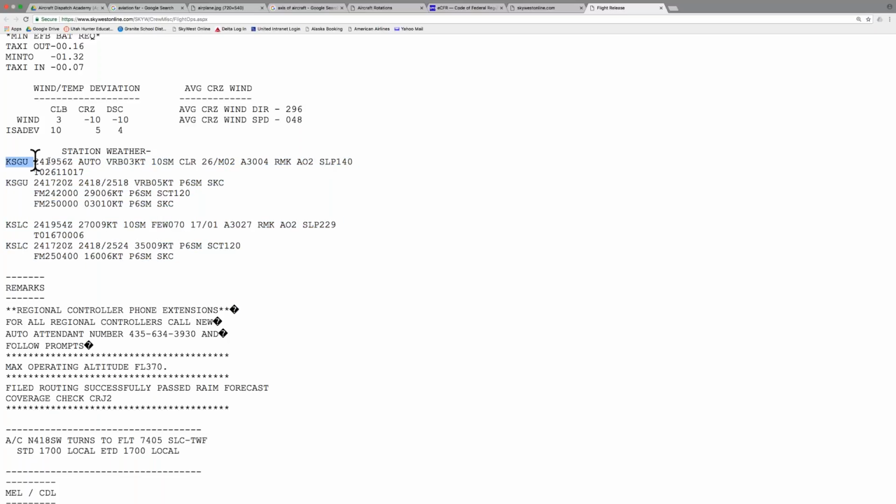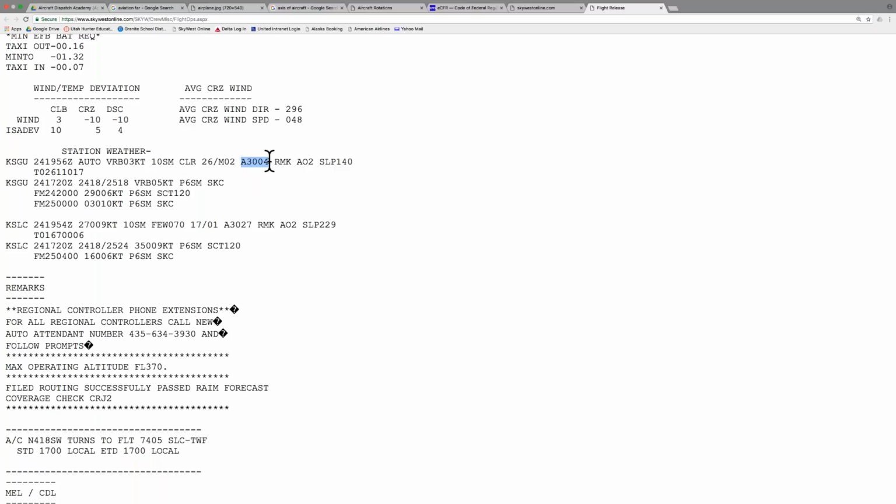So this first part, we call this a METAR. This is talking about current weather. This tells us the time that the report was generated, what the winds are doing here, the visibility, the sky condition, the temperature and dew point spread, and then the altimeter.